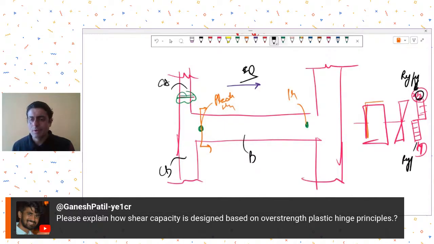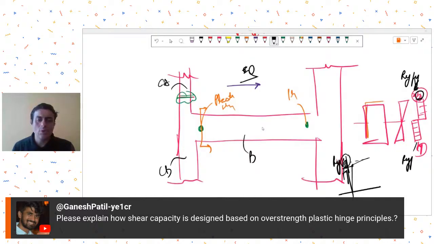So you are expecting in the stress strain that your material will yield at Fy, but it continues to take in more stress even beyond Fy, and this is called the overstrength of your material. It happens due to some internal reorganization between the fibers of your material, so it's a material property.